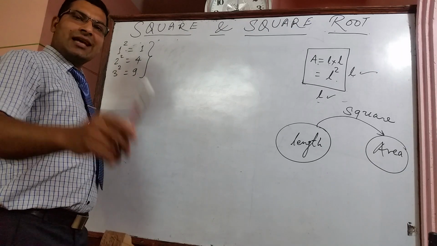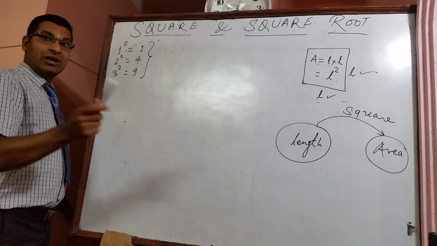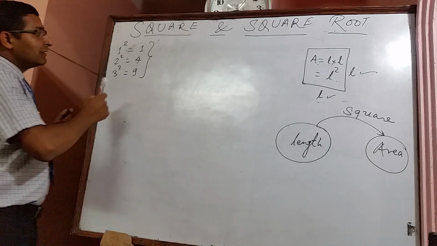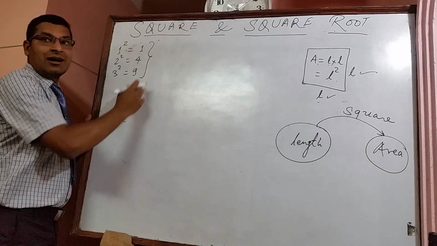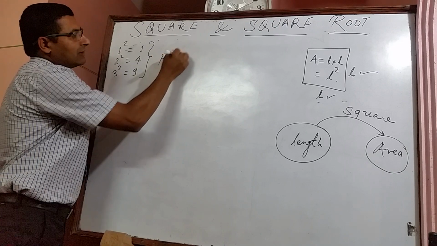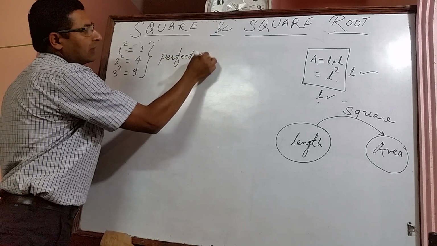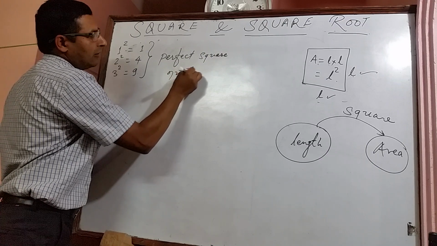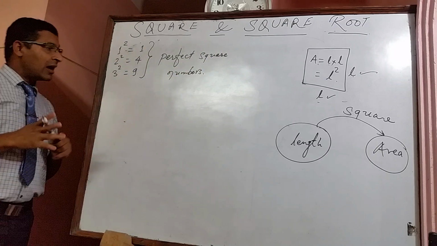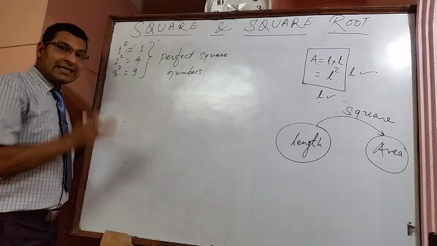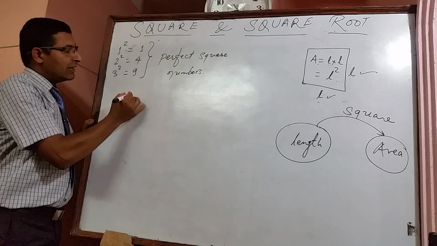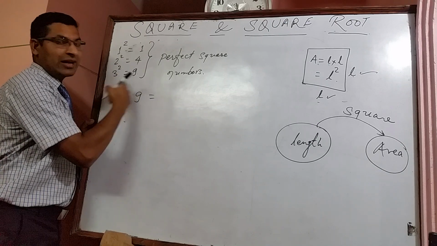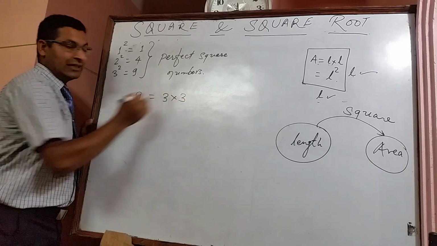Okay, dear students, we already know that 1 square, 2 square, 3 square, and so on are the perfect square numbers. Suppose 9 is equal to 3 square, that is 3 multiplied by 3.